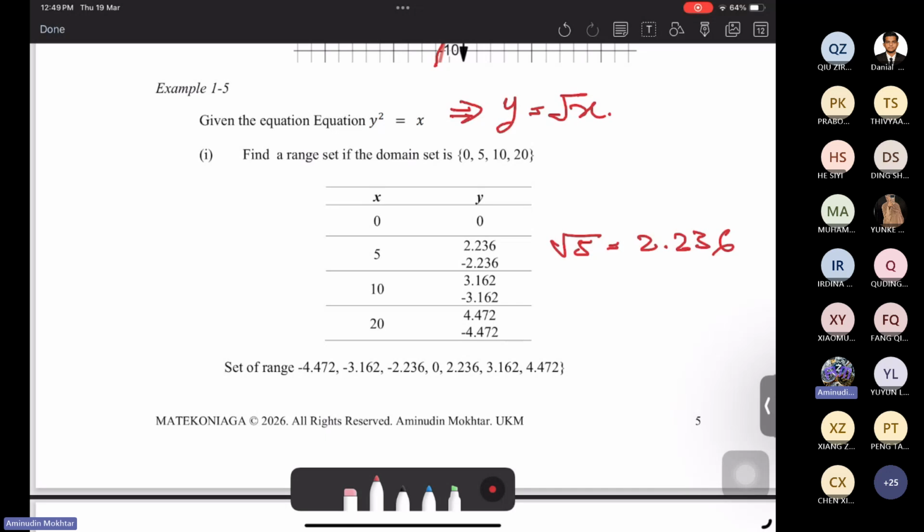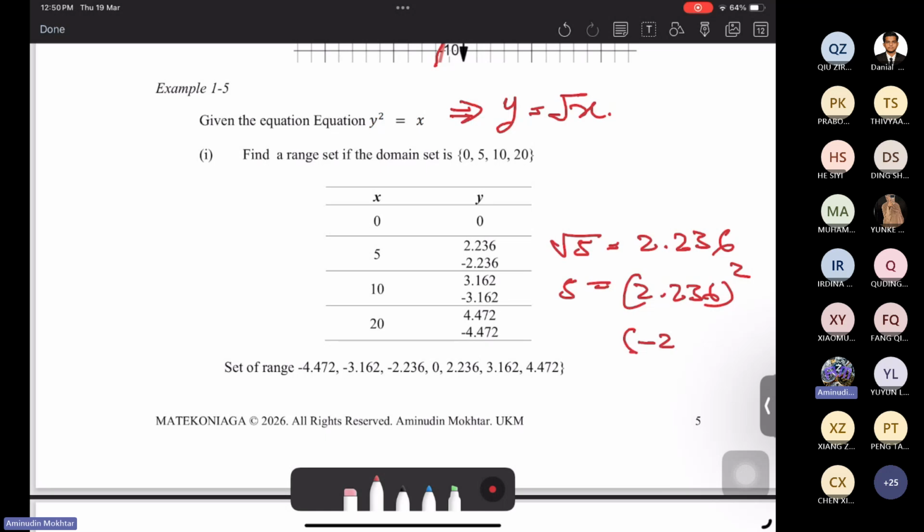And then when we take the power of 2 for 2.236, this also equals 5. You can check with the calculator. But in mathematics, this value has two numbers, positive and negative.